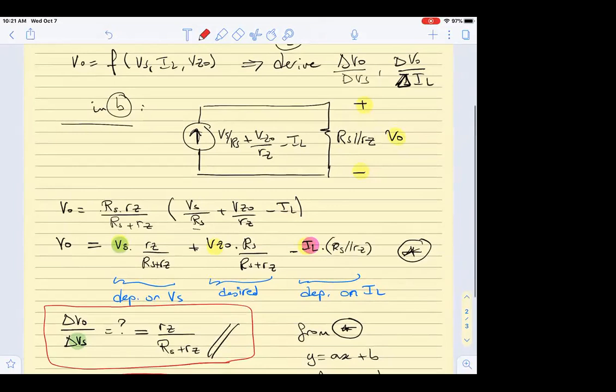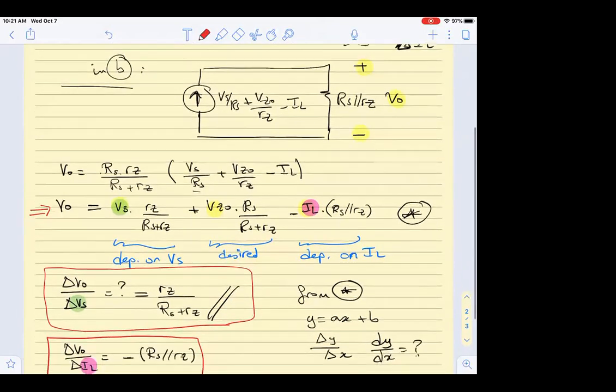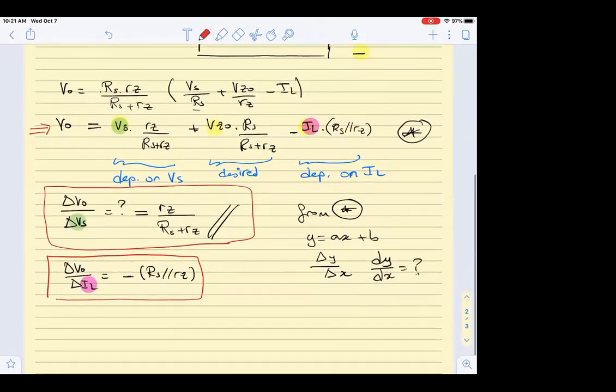We found the relation between VO and the parameters of the circuit that can fluctuate, and then we found the sensitivity of VO with respect to the line or the supply, and the sensitivity of VO with respect to the load. Now we can really see how Zener load regulation and line regulation work.